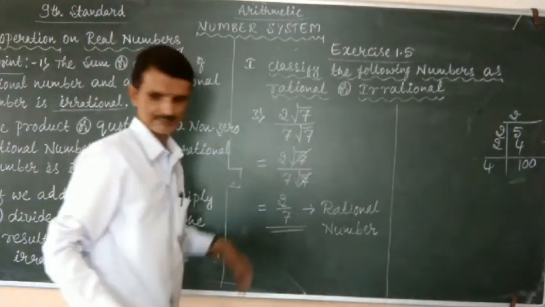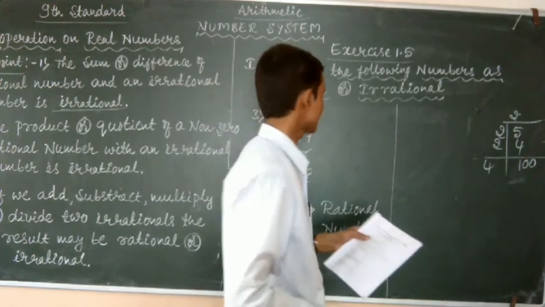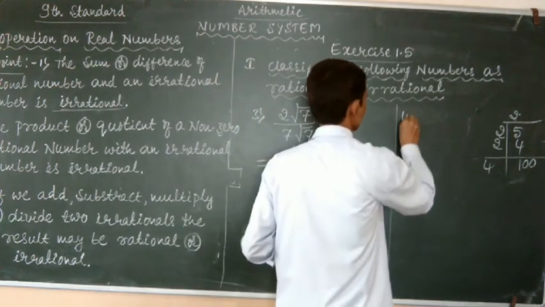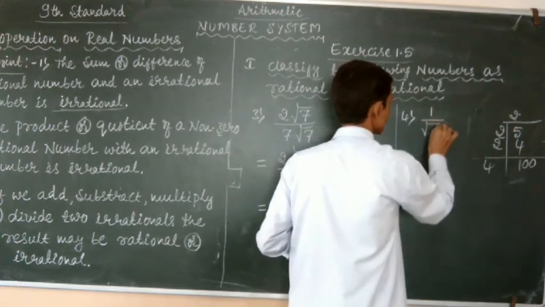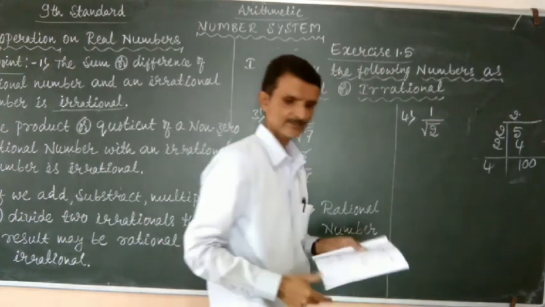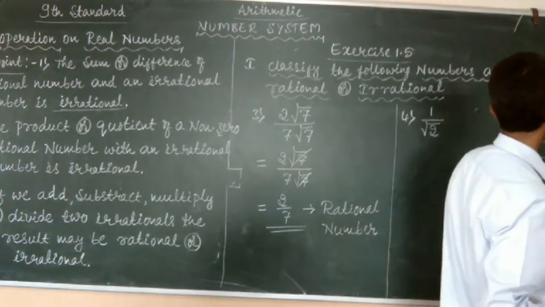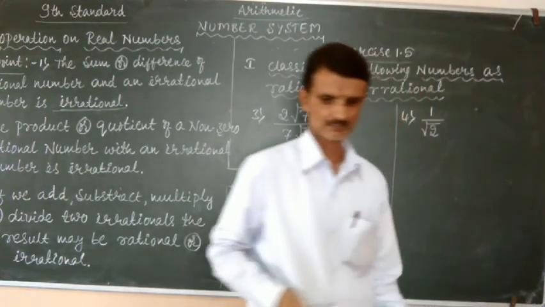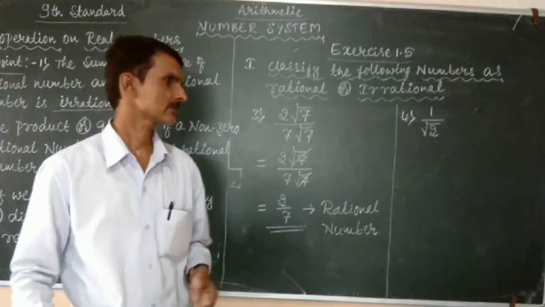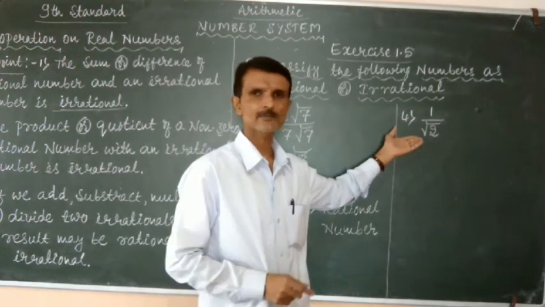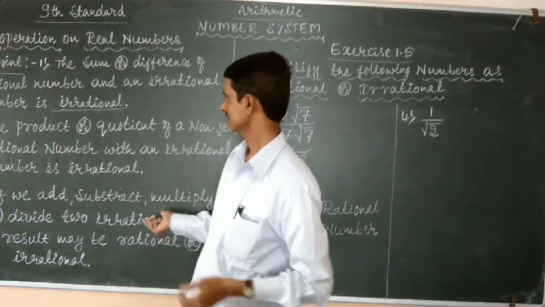Now we will see the next problem. The fourth one is 1 by root 2. If you observe, the numerator is a rational number, whereas the denominator is an irrational number.